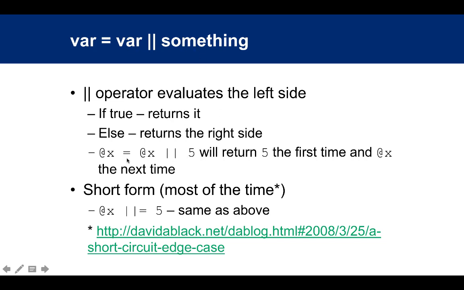So for example, in this case, if we have @x || 5, it's going to say, well, if @x is defined, then return it. Otherwise, if it's not defined, return 5. There's also a short form of this, which is just @x ||= 5, which is pretty much the same as above, except for some edge cases, which if you want, you can look up in this blog.